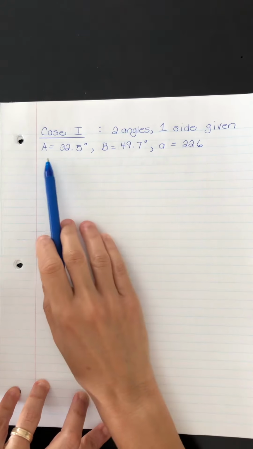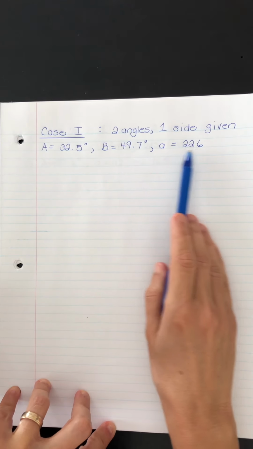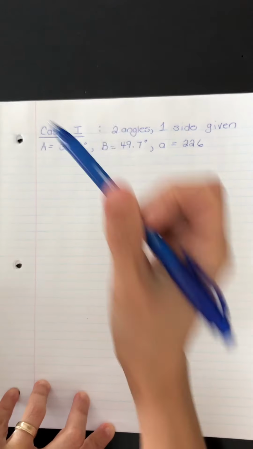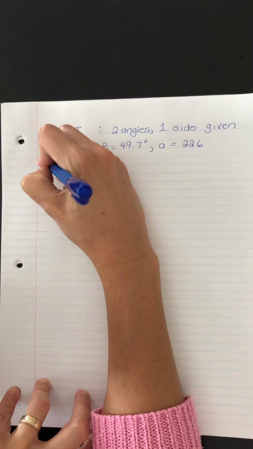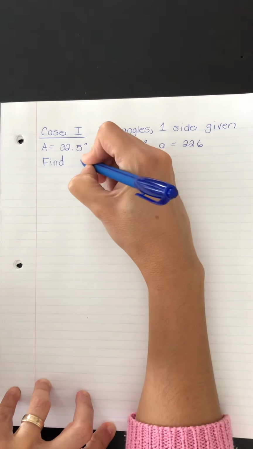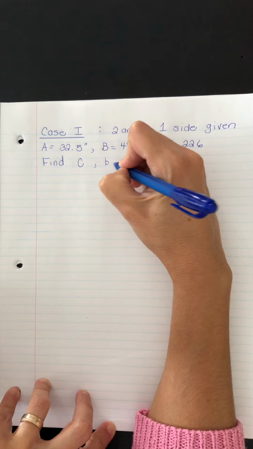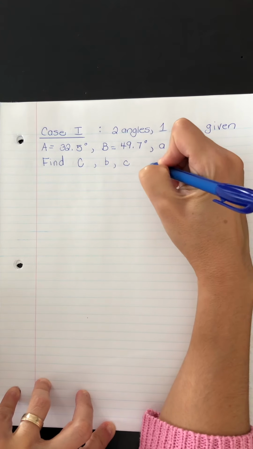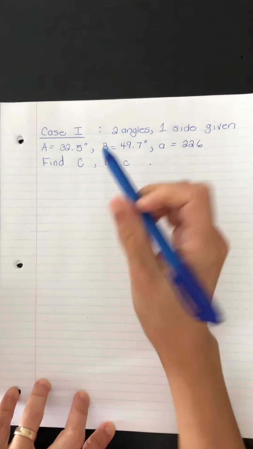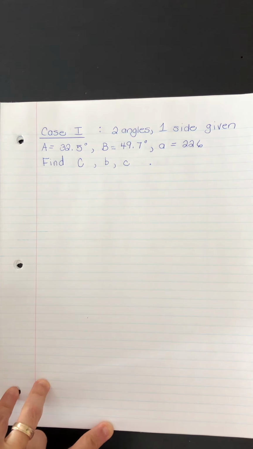So you can see that we are given angles A and B and also side a. So what is it that we need to solve for? We are going to need to find angle C and sides b and c. So when we solve the triangle, that means determining these 3 quantities. Okay, so let's begin together.